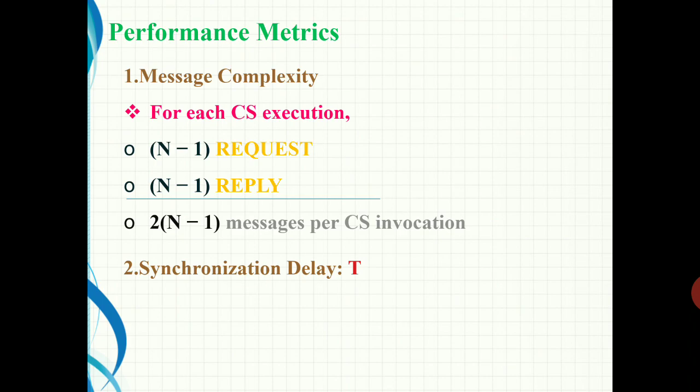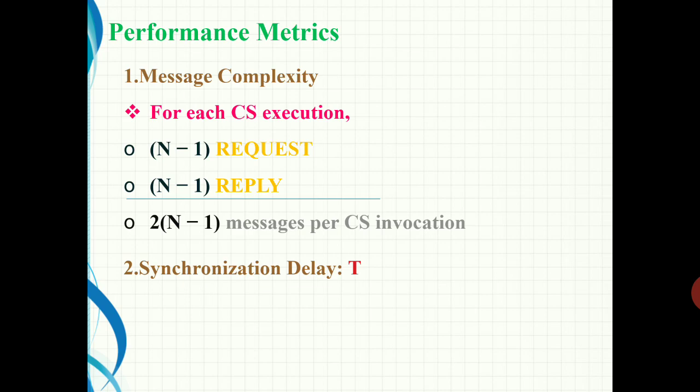So the number of request messages is n-1. Also it needs the reply from all the n-1 processes, so it contains n-1 reply messages also. So totally 2 into n-1 messages per critical section are needed for a particular site to enter the critical section. That is about the message complexity.